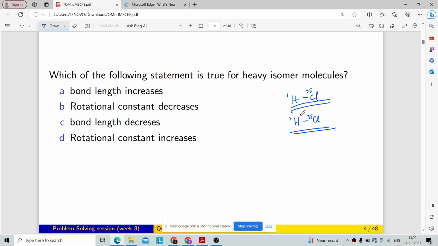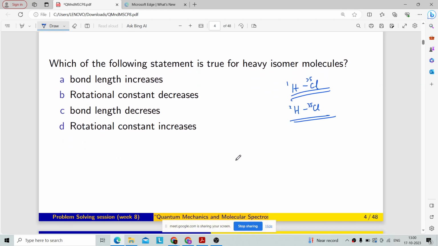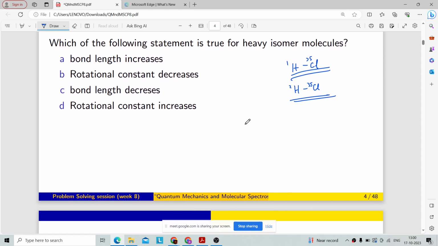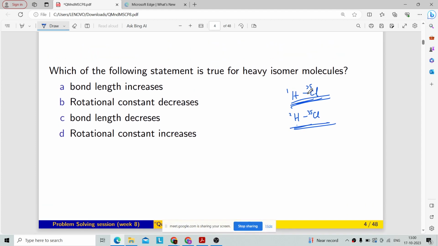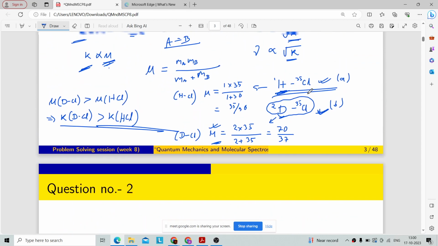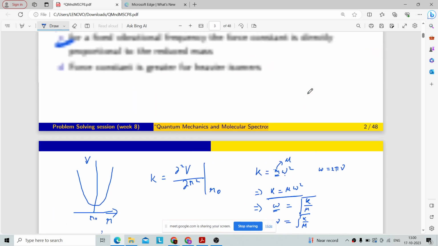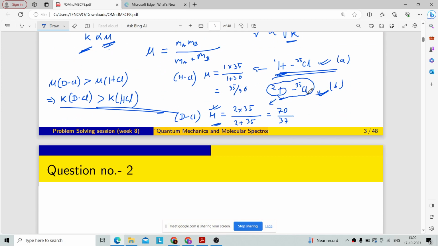So in this case, what will happen to their bond length? Any guess?